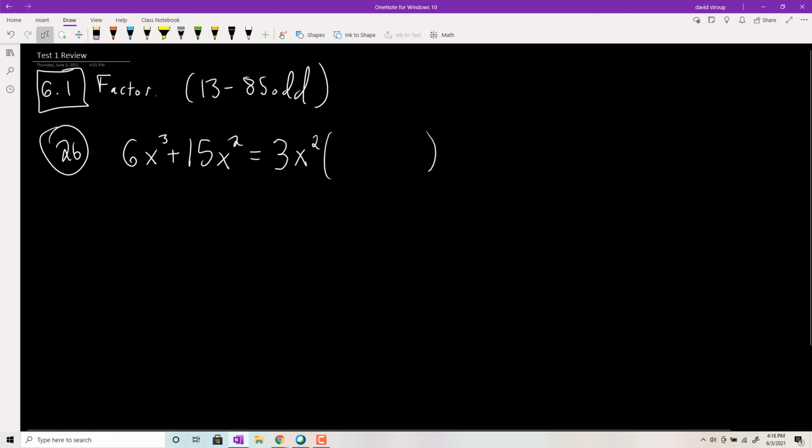Then we set up our parentheses, with an addition sign there. 3x squared times what gives me the 6x cubed? Well, that'll be 2x. 3x squared times what gives me the 15x squared? Well, that would be 5. Then you could redistribute in your head or on scratch paper to the side: you get 6x cubed plus 15x squared, and make sure that is the same as that, and it sure is. So then you would be done.